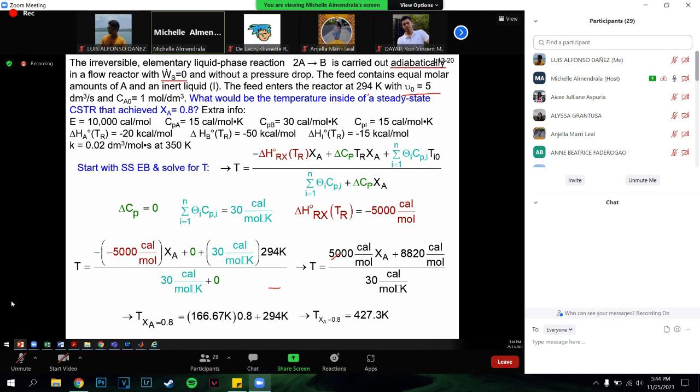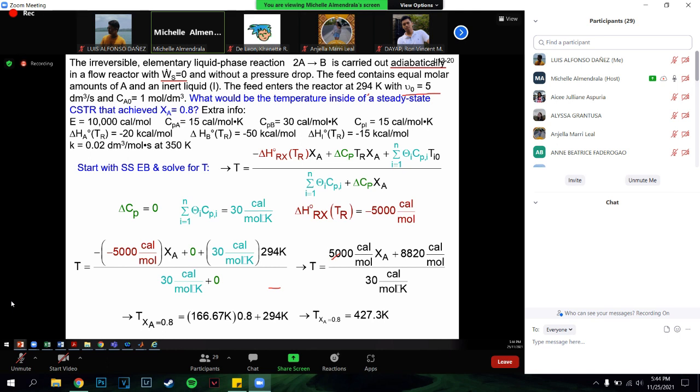So T as a function of X, but for a CSTR, again, you always have to identify in this problem that the X sub A final is already defined. So the temperature inside the reactor at 80% conversion of A in a CSTR is 427 Kelvin. So that's around 200 degrees Celsius. So it's very high.